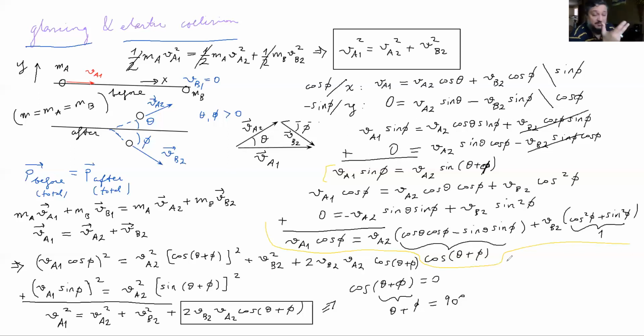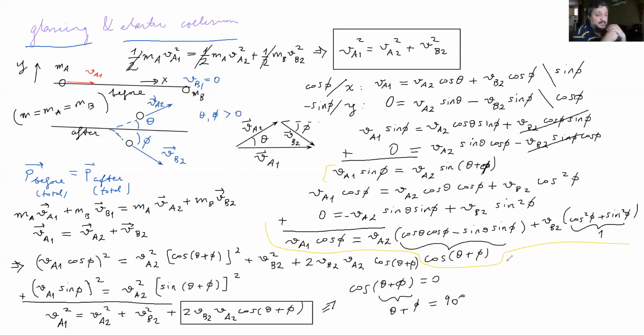If the number of unknowns are 2, it could be one of the speeds and the other angle or something like that. You can still solve it, okay? And then you can check, hey, was this an elastic collision or inelastic? What would you do? You want to find the before and after kinetic energies and then compare them. If those kinetic energies are the same, you may say, okay, they were elastic, okay?